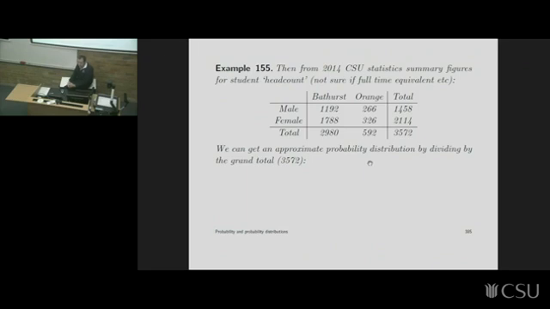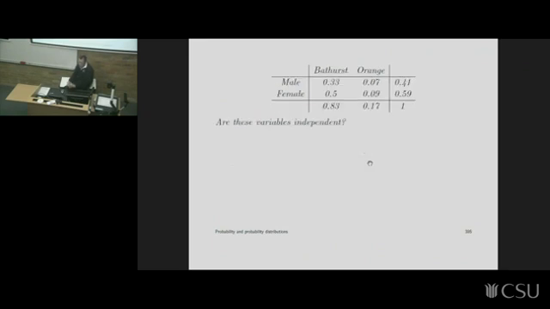We can make that into a probability distribution simply by dividing by the grand total. So if you divide by 3572, that would be, to two decimal places at least, the probability distribution for it. So that's called a frequentist approach. Really, we're just using the frequency of what we've seen to approximate a probability distribution, essentially.